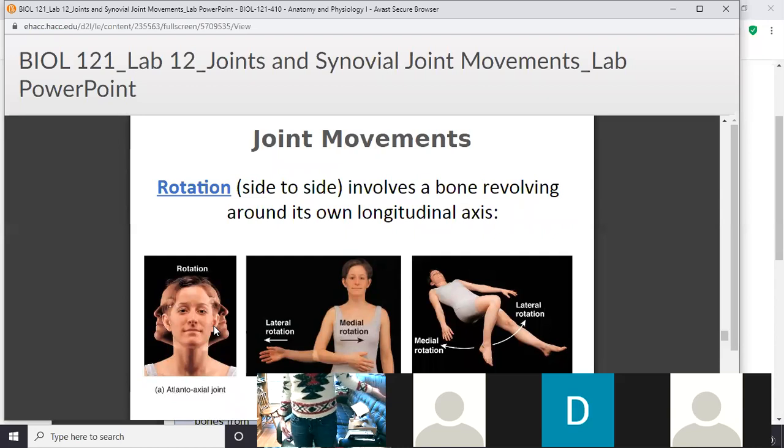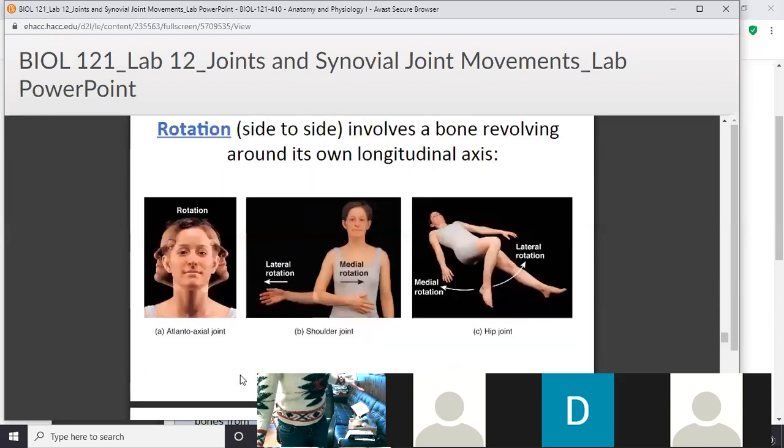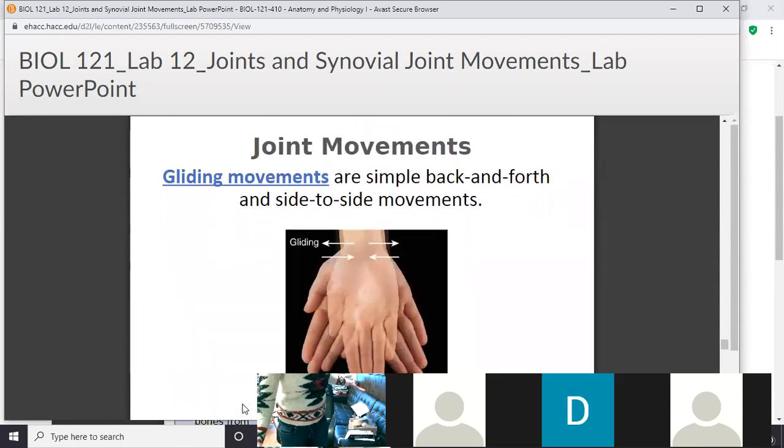Lateral rotation, taking it away. Gliding movements, simple back, forth, side to side, back, forth, side to side.